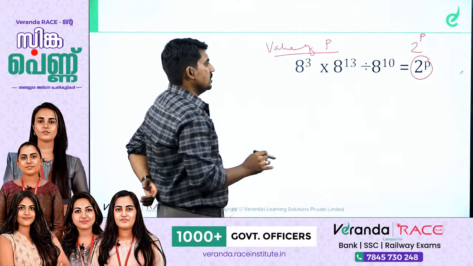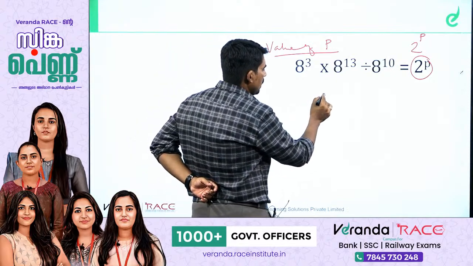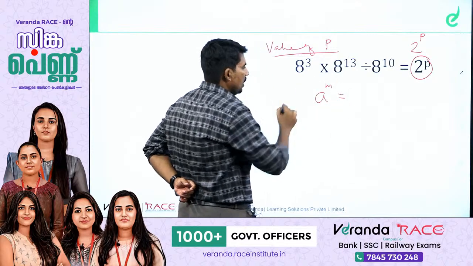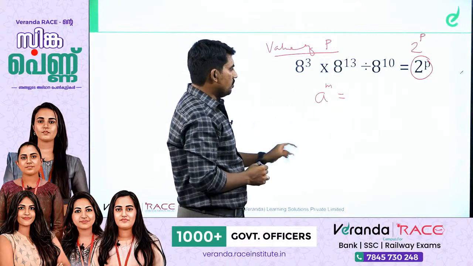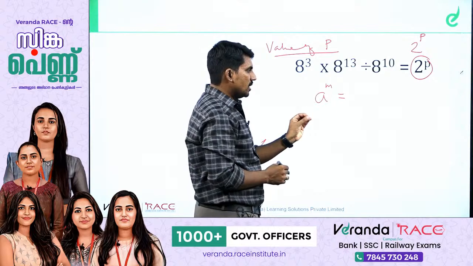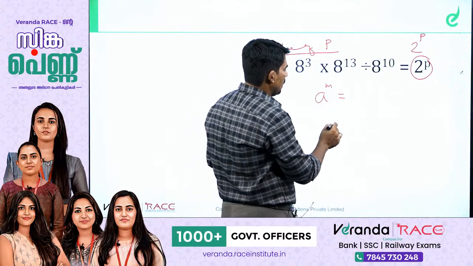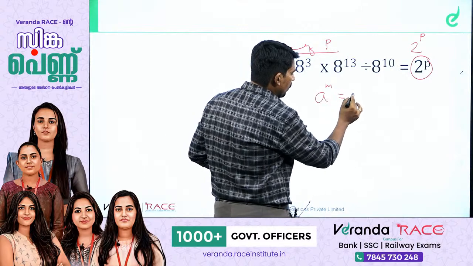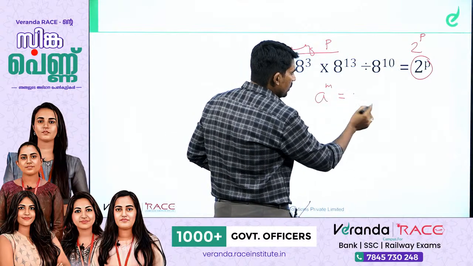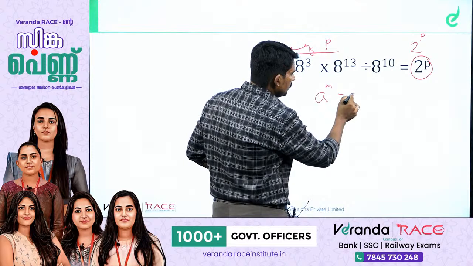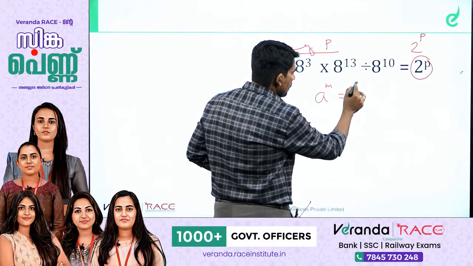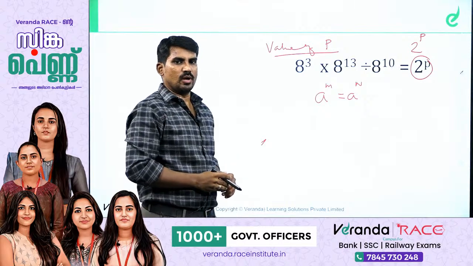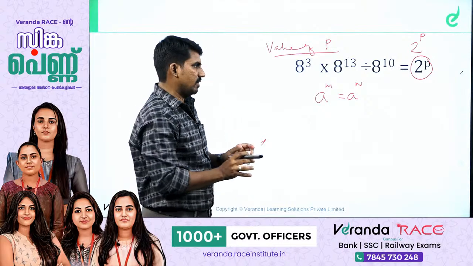But that side 2 to the power p. Right? Now listen carefully. That is a power m. Then this side any number is there. For example, here a power m is equal to a power n, we can understand like that.